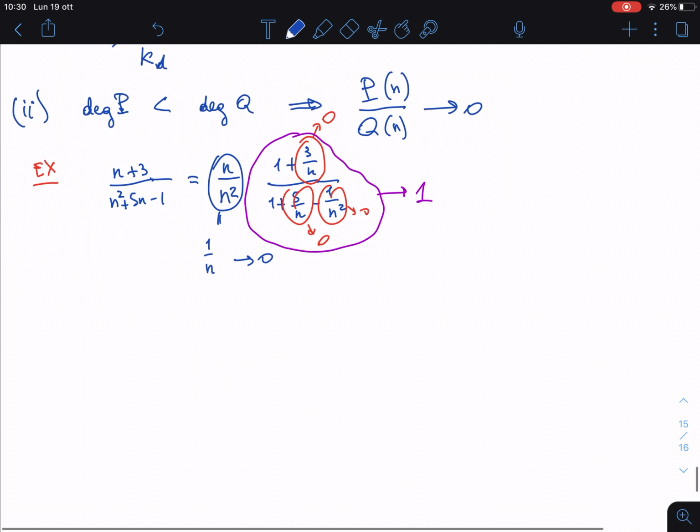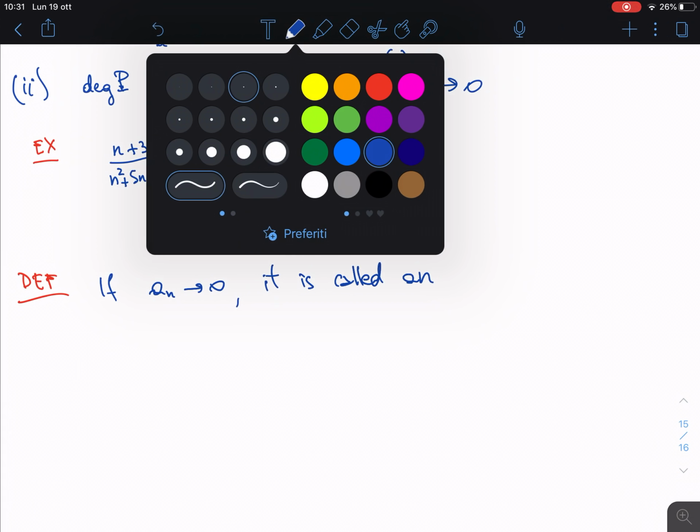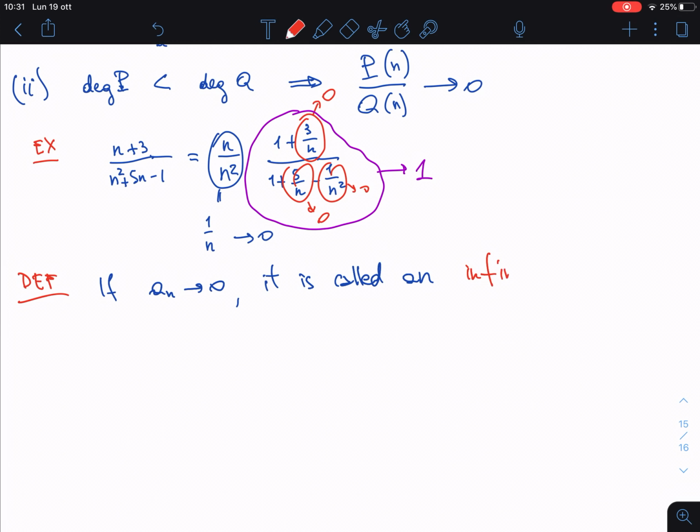And now let me go to the other case, but before I give you just a definition, not an important definition, just a name: when a sequence a_n converges to 0, then it is called an infinitesimal. It's just a word. Don't try to search for some philosophical meaning. To our concern, it is just a word.